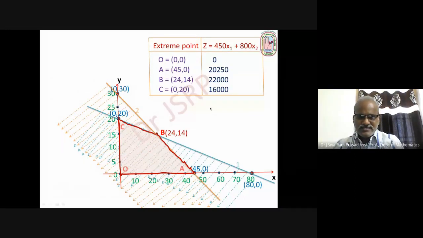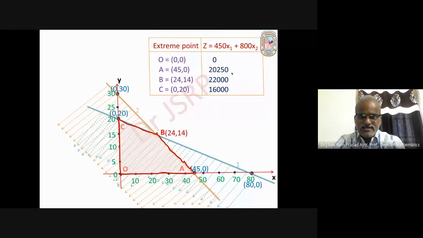By a known result, one of the extreme points gives the optimal solution. Here the feasible region is bounded, so we consider the largest value as the maximum value in the case of maximization, and the smallest value as the minimum value in the case of minimization.